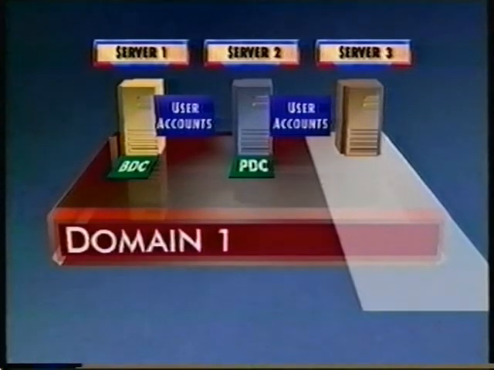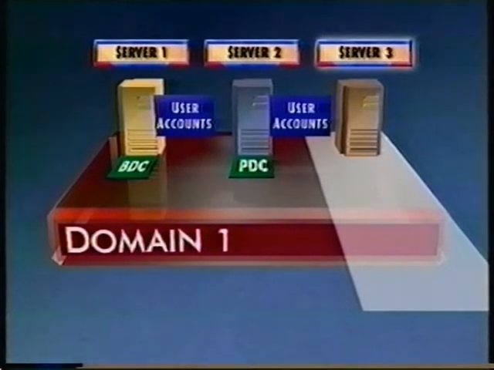A domain may also have one or more other servers that are neither PDCs nor BDCs. These computers, known simply as servers, are used to run large, complex programs and store data. Servers can be very effective at doing their tasks because they don't carry the overhead of managing user logons.